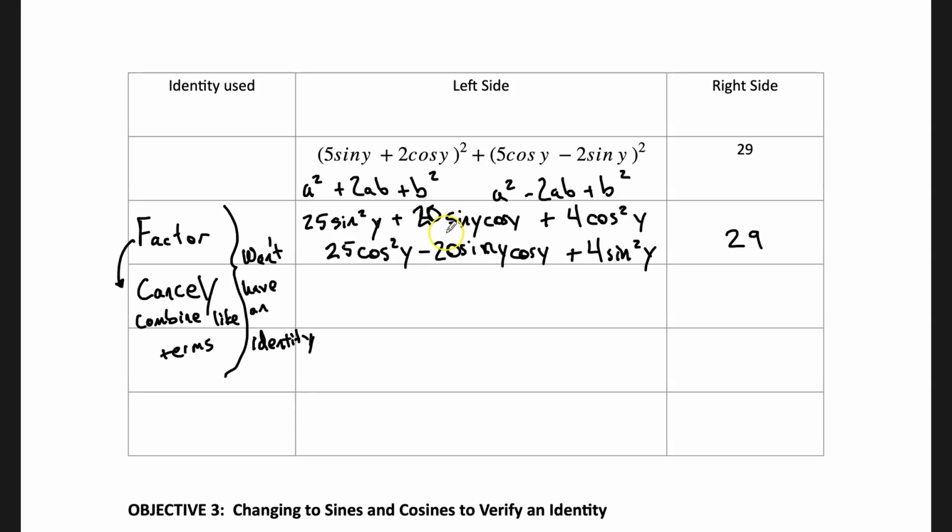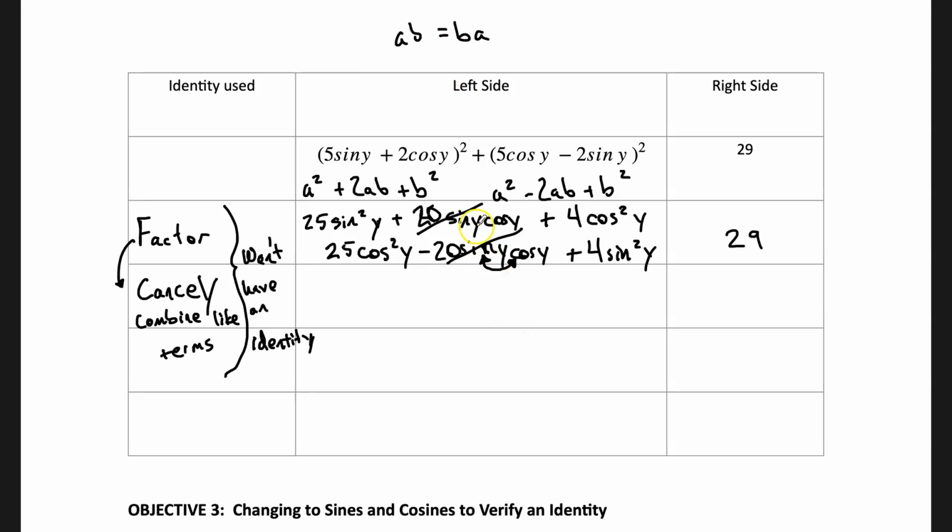Here we have the positive 2ab and negative 2ab, so those two will, in fact, cancel each other out. Side note, if you don't know this, with sine and cosine, the order does not matter. I could have had sine cosine or cosine sine, and it still would have canceled out. That's just because a times b is still equal to b times a.